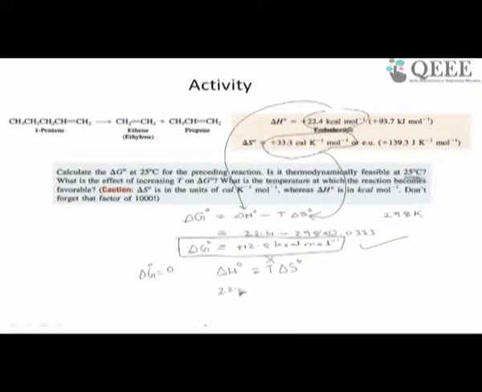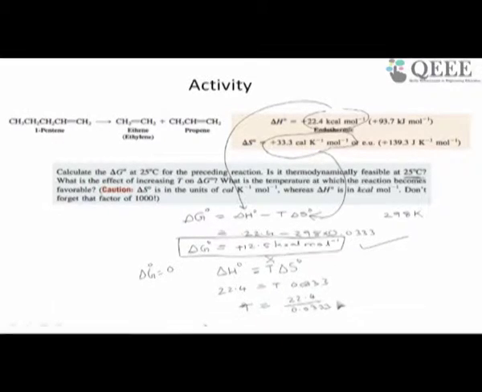So you can just write 22.4 equals T into 0.0333 Kelvin. In other words, T equals 22.4 divided by, I'm sorry, I have to put one 0 here, 0.0333.